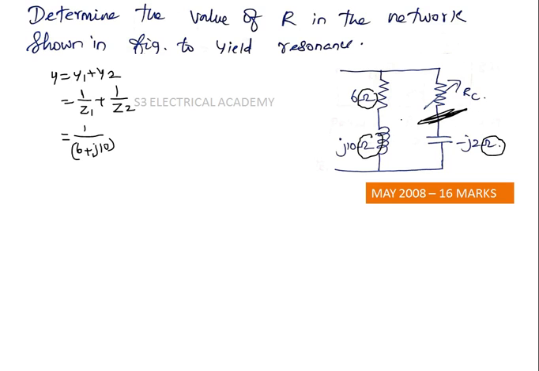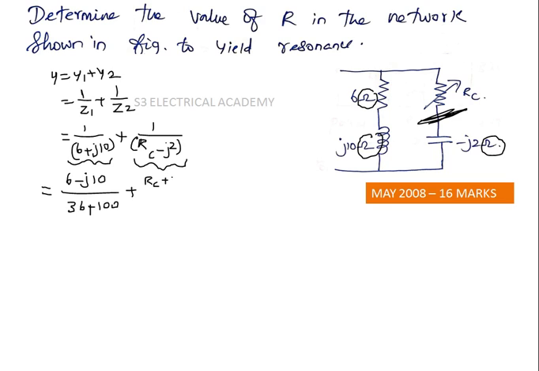Hence only you get the exact answer: 1 divided by 6 plus j10, plus 1 divided by RC minus j2. In the denominator we have a complex term, so now we have to take the conjugate of every term and multiply in both numerator and denominator, which gives 6 minus j10 divided by 6 squared, 36, plus 10 squared, 100, plus RC plus j2 divided by RC squared plus 4.